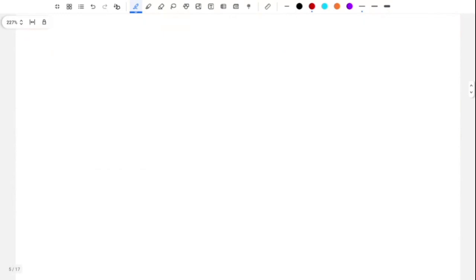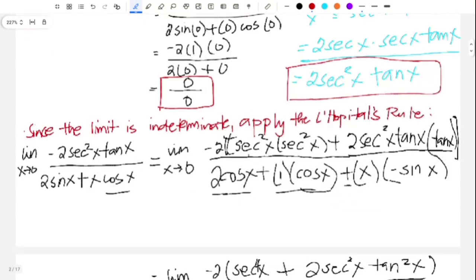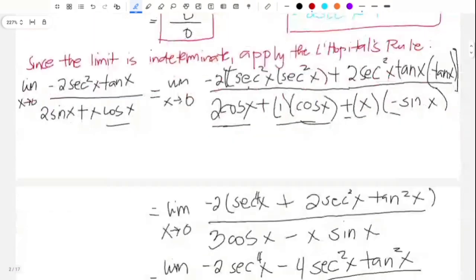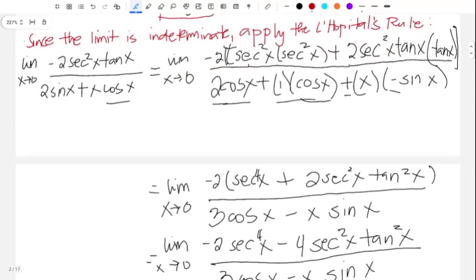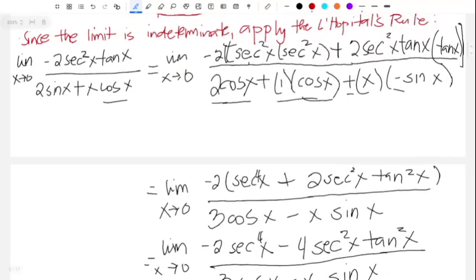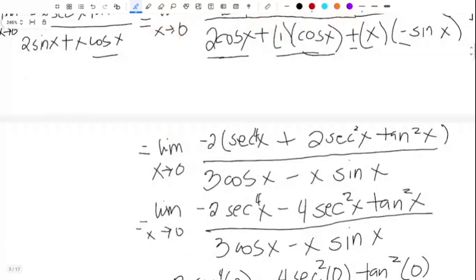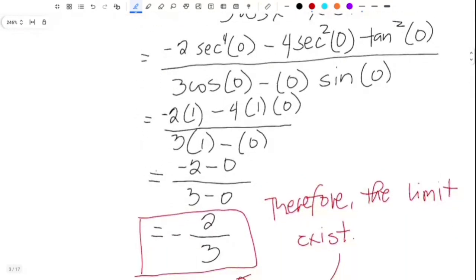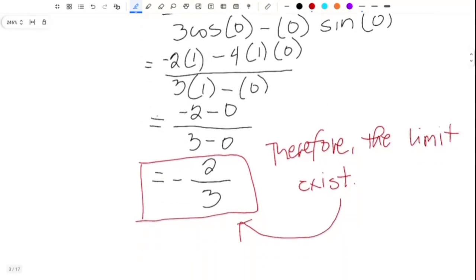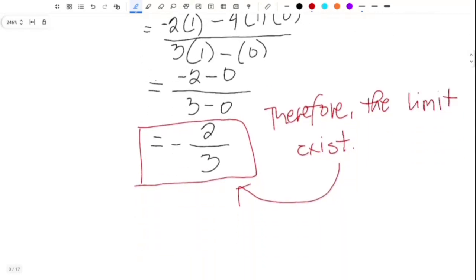After deriving the numerator and the denominator, we have these steps where we apply L'Hopital's rule again, derive numerator and denominator. We got these values here, and after simplifying, we apply our limit, and after those long steps, we got our limit, which is negative 2 over 3.